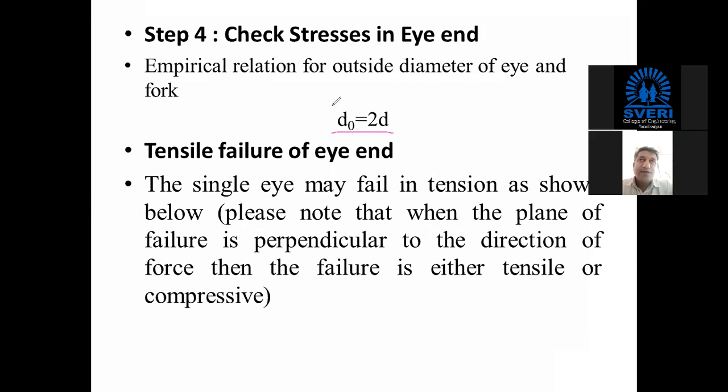So by considering the outer diameter of the single eye as twice the pin diameter, we'll go further and check how the tensile load is coming on the single eye as well as on the fork. We'll consider the tensile failure and check whether the thickness which we have considered as t1, and also the outer diameter D0, whether these particular dimensions are suitable and whether that single eye is capable to sustain that tensile load or not, that we will check.